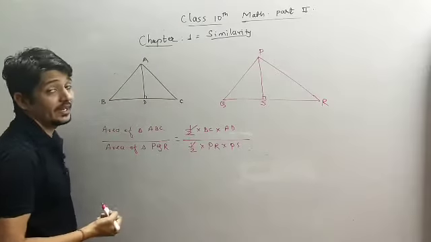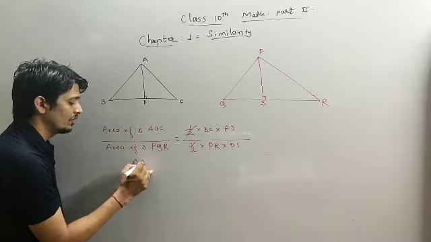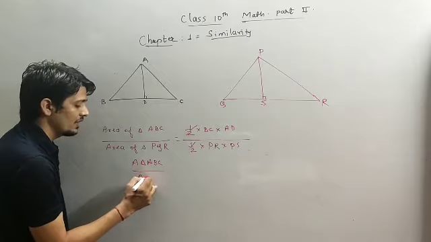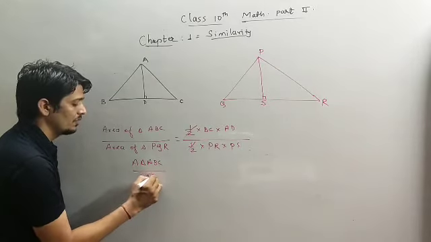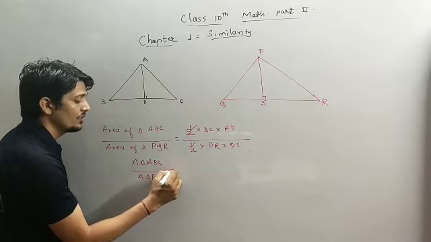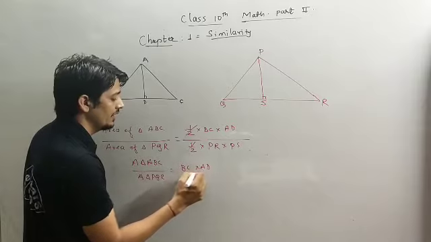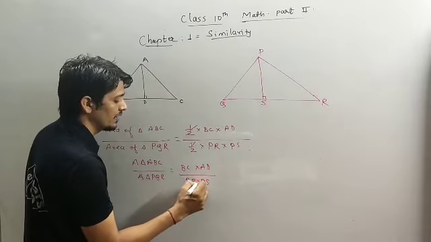Half and half will get cancelled. So area of triangle ABC divided by area of triangle PQR equals BC into AD divided by PR into PS.